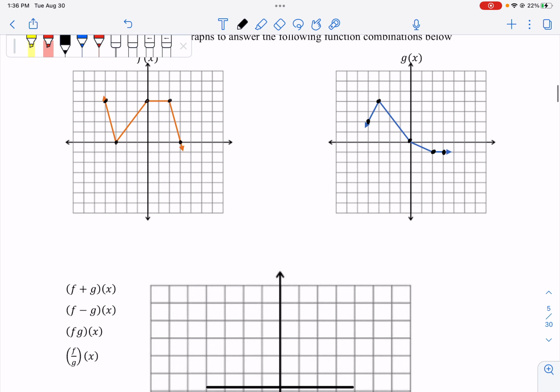So what is f plus g of x? Well, let's do this slowly. f of x and g of x. We can add for the x values when x is equal to -4, -3, 0, 2, and 3, because they all have a y value associated with every x value I just listed.